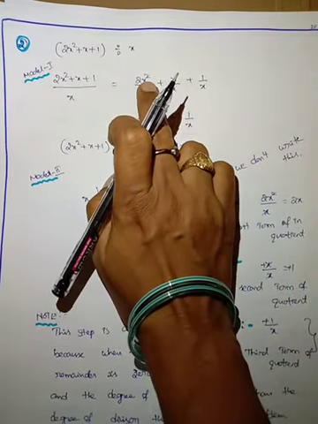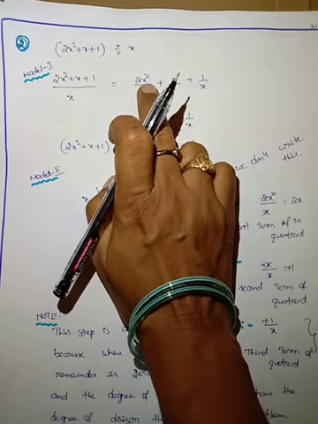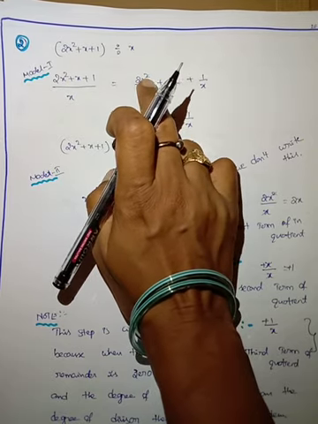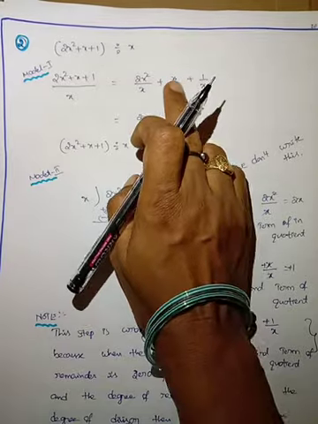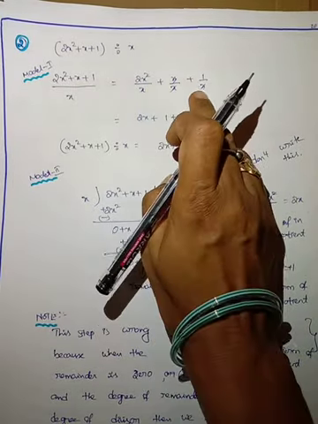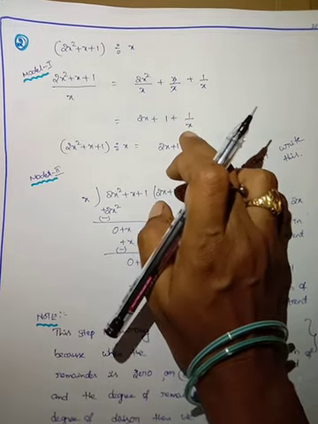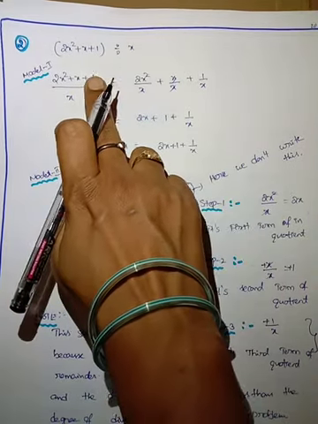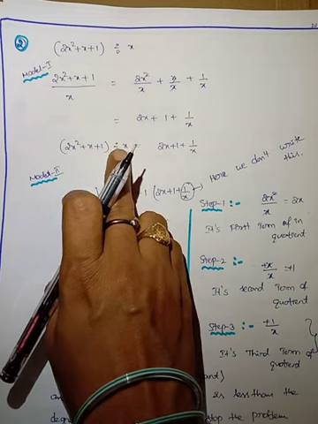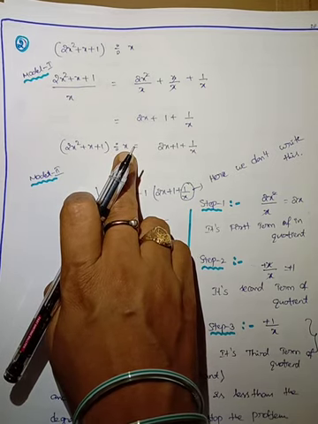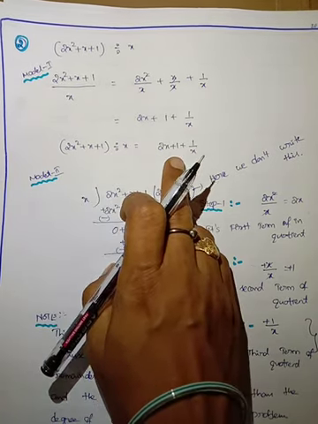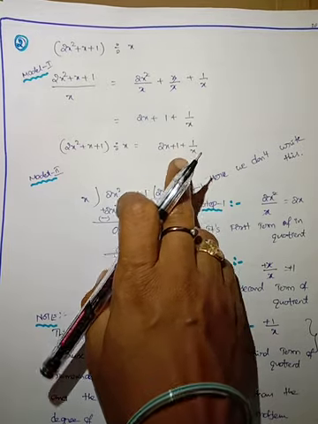In 2x square by x, x cancels, then 2x. In x by x, x cancels, means 1. 1 does not cancel with x, so write plus 1 by x. So 2x square plus x plus 1 divided by x is equal to 2x plus 1 plus 1 by x.